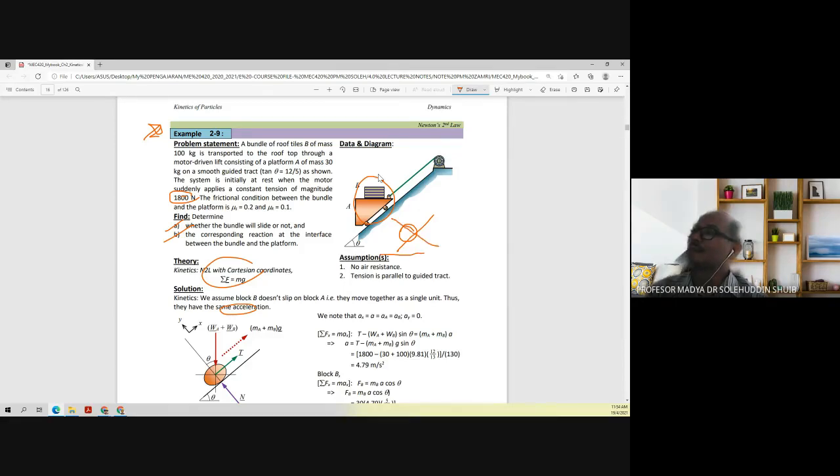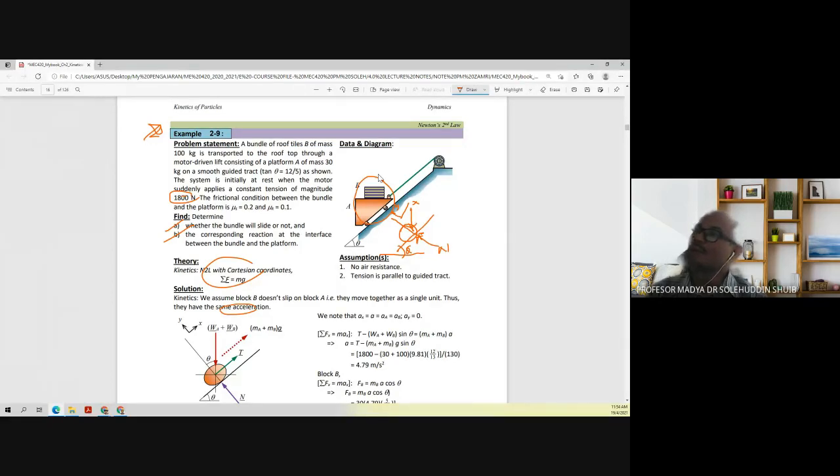This is theta. We have the normal force here. We choose datum X, this is X and this is Y. Then we have the body weight, which is the combined weight of A and B.